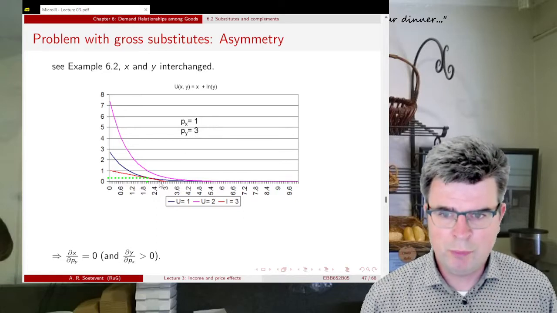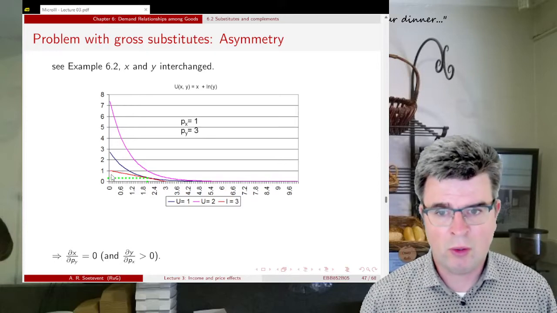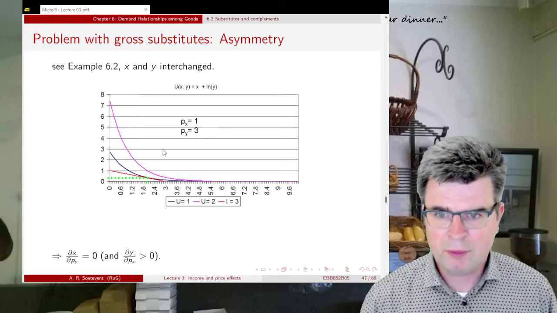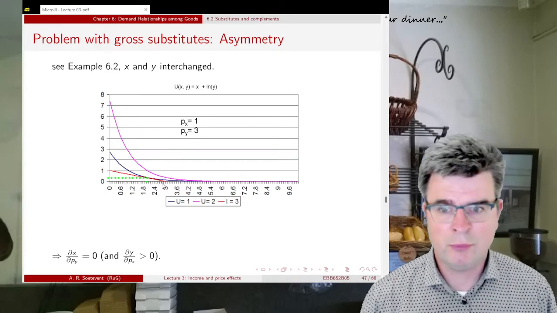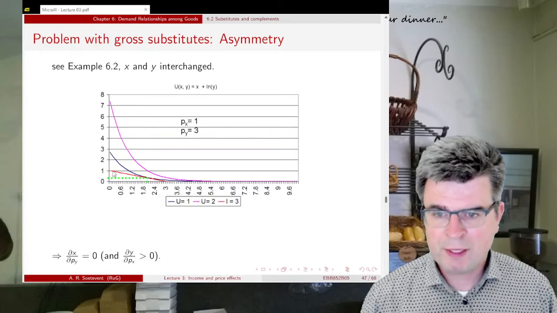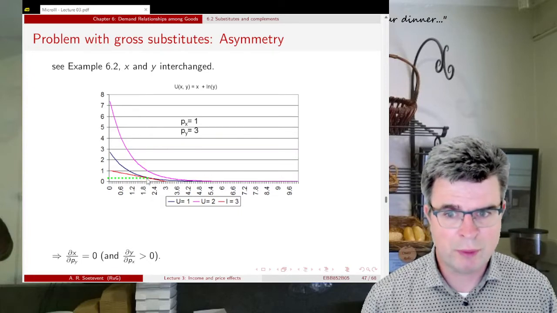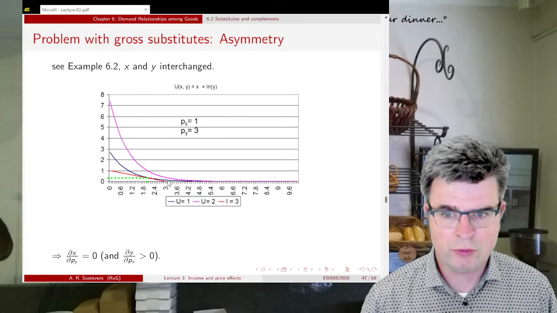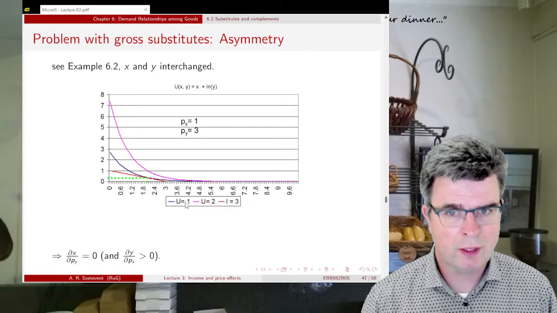Then we have a new budget constraint. So if we spend our entire income of 3 on good Y only, then we can only buy 1 unit of good Y. If we spend our entire income on good X, then we can still buy 3 units. Given this new budget constraint, the highest indifference curve that we can reach is the blue one over here, associated with a utility of 1.